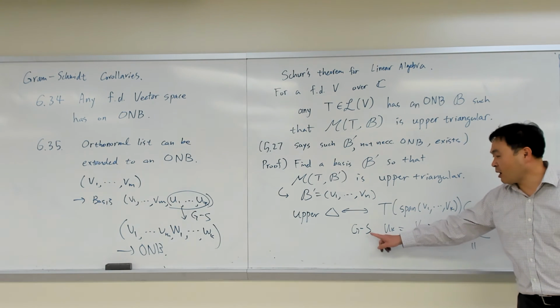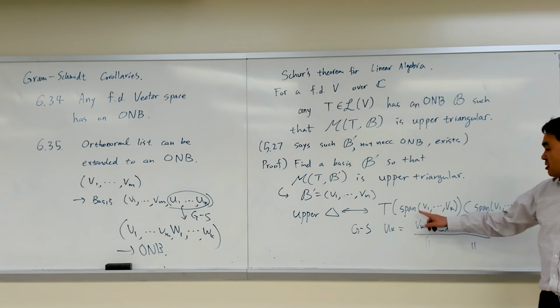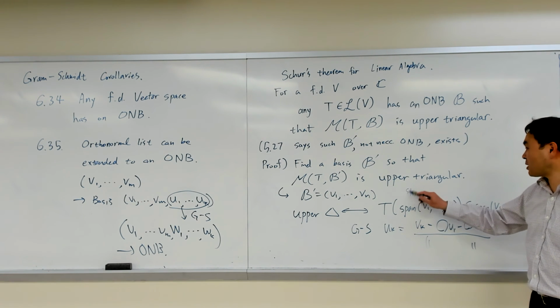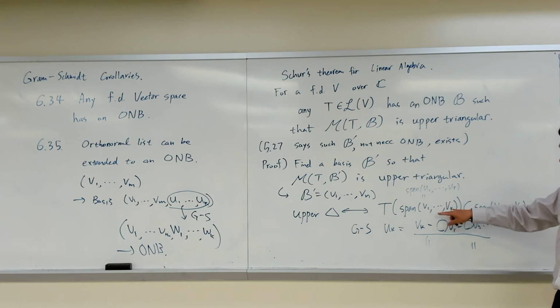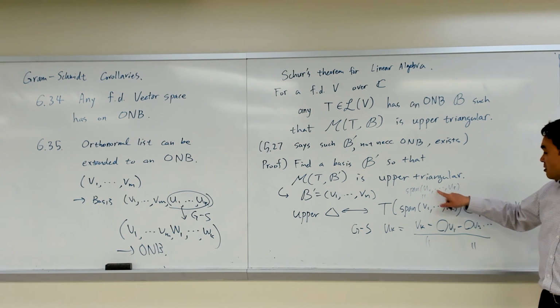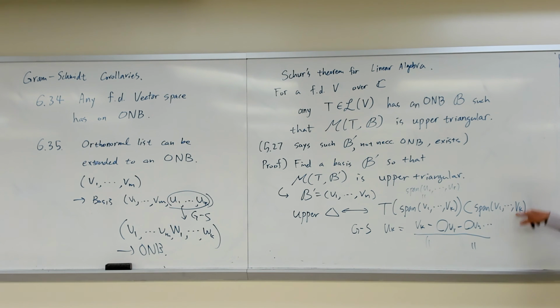If you look at what the Gram-Schmidt procedure is doing, the new vectors are always made from the previous ones, so this relation of being an invariant subspace still holds, because it's always true that the span of V1 through Vk is the same as the span of U1 through Uk. Gram-Schmidt preserves this identity, because you're always making new vectors by making use of the previous ones. So these two spans are the same. So T of this is the same as T of this, which is inside the span of this, which is the same as that one.